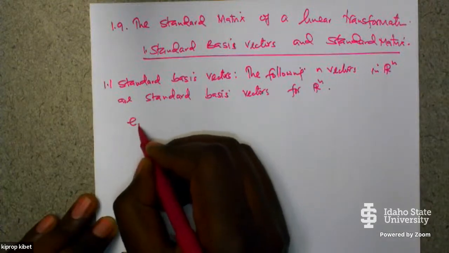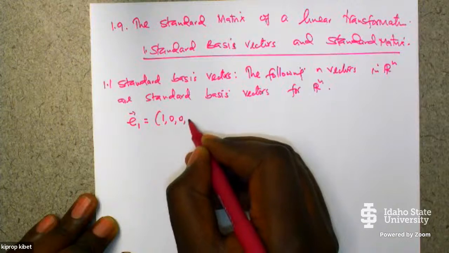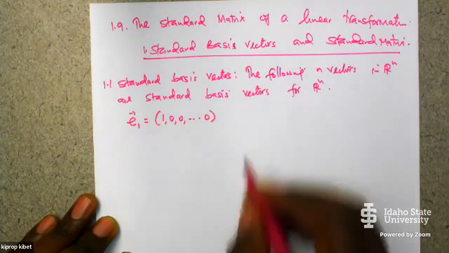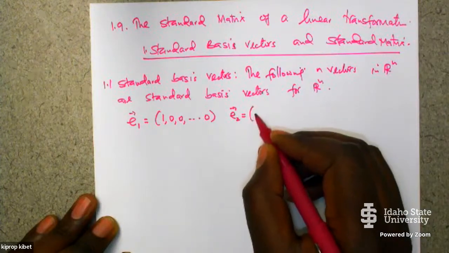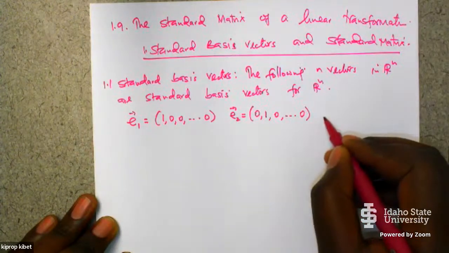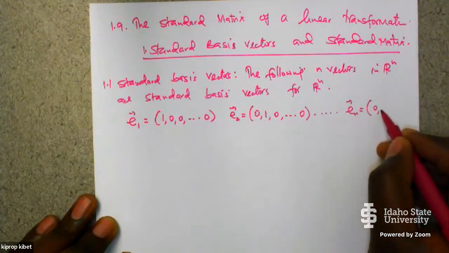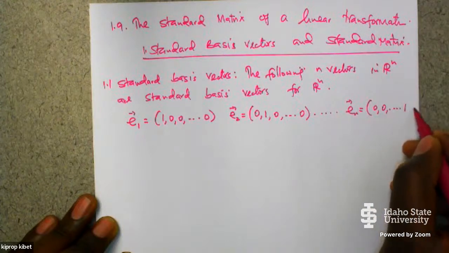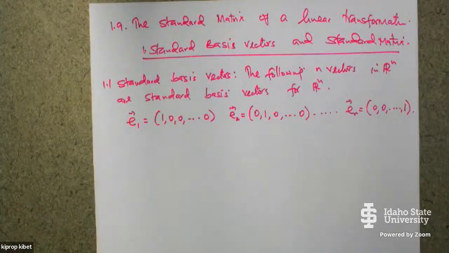E1 is just similar to what we just wrote: 1, and then the others are zeros up to n. E2 is 0, then the second one is 1, and all others are zeros up to n. Continuing like that, En has all zeros up to the last one, which is 1. So those are the standard vectors.